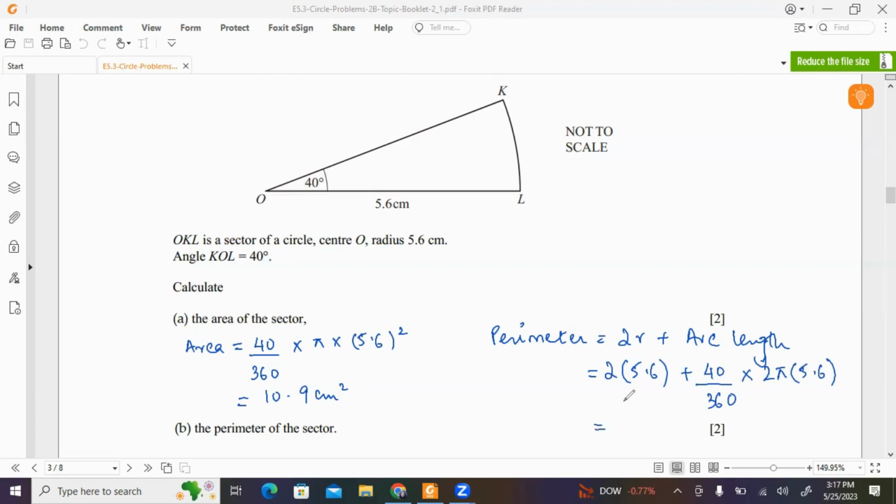Once again, just plug this in the calculator. So we do 2 pi times 5.6 and the result divided by 9, then let's add 2 times 5.6 to that. It's going to be 15.1 centimeters. That is your perimeter of the sector.